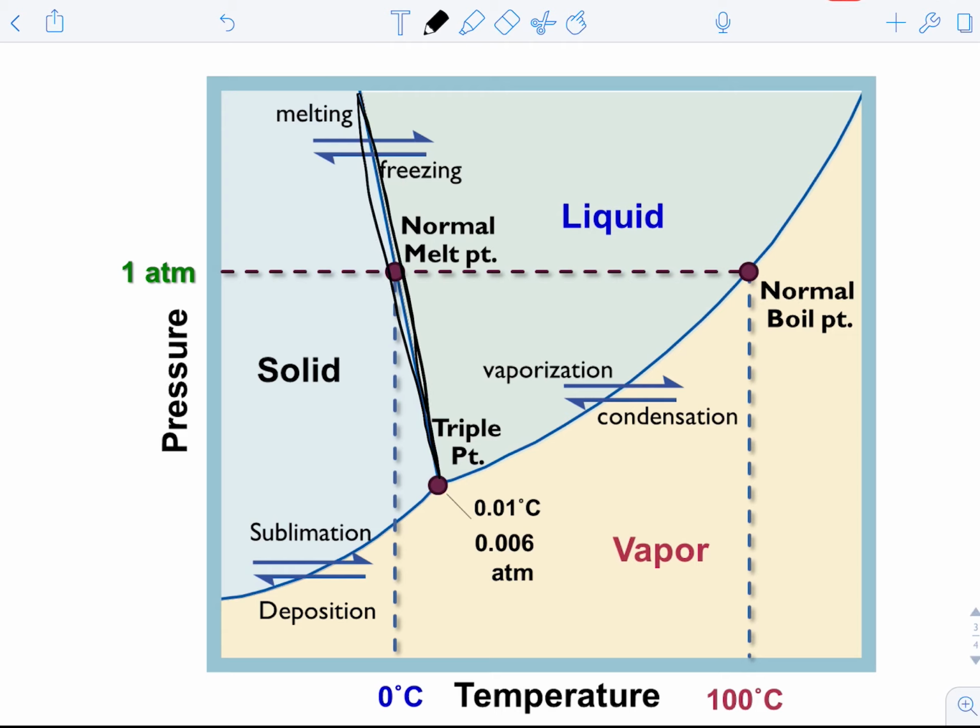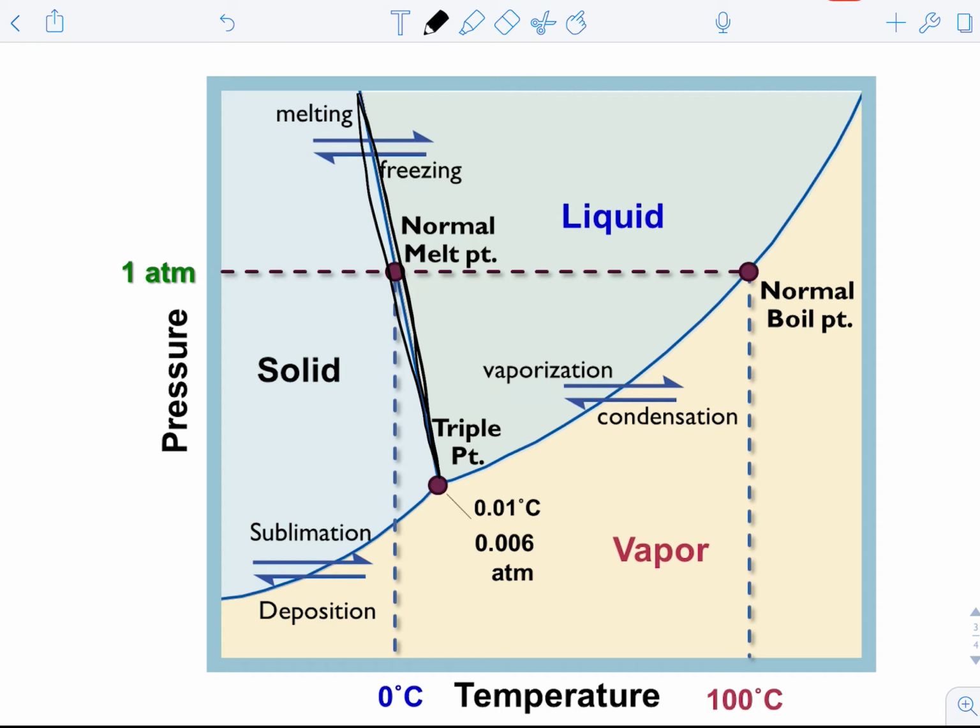Okay, so let's think about that for a second. With water, we have a slope where as we increase pressure, we're more likely to be in the liquid phase. Like if we stay at the same temperature, but we increase pressure, we're more likely to be in the liquid phase than in the solid phase.